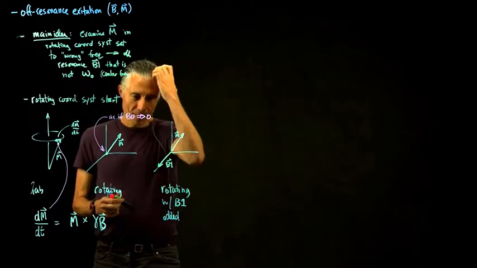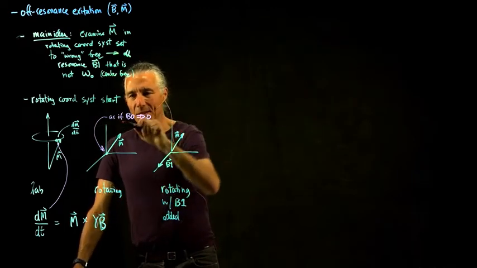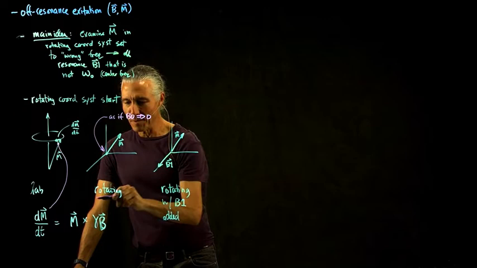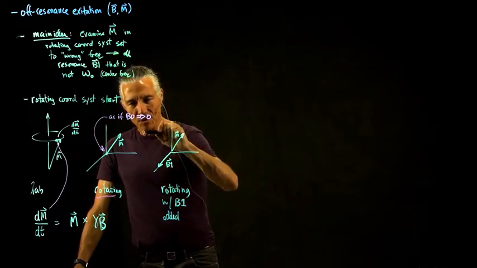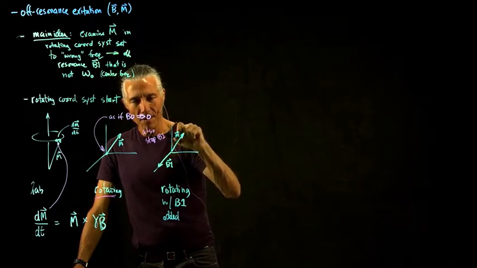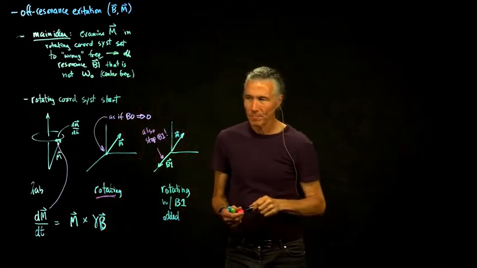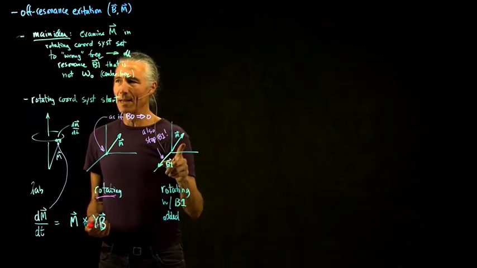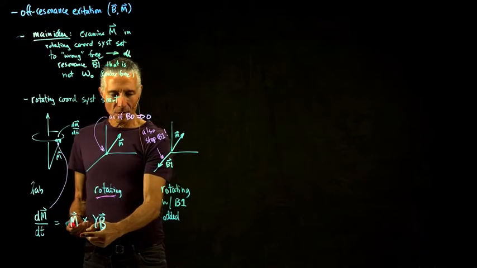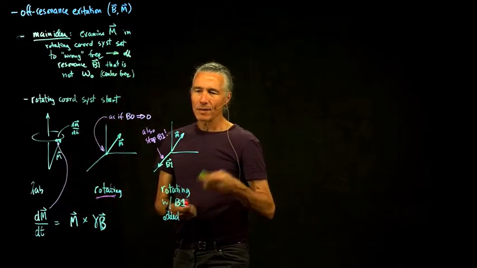So when we go to rotating, it's as if we set B0 to 0 and then also stop B1. So now everything's very simple. We just have a stopped B1 and a stopped M, and then we can apply this equation. That's the critical simplification.